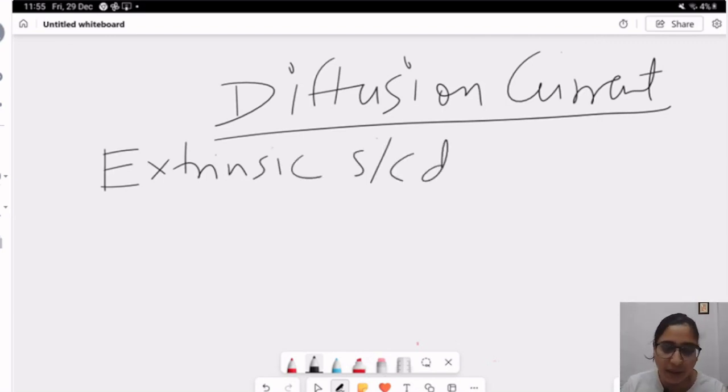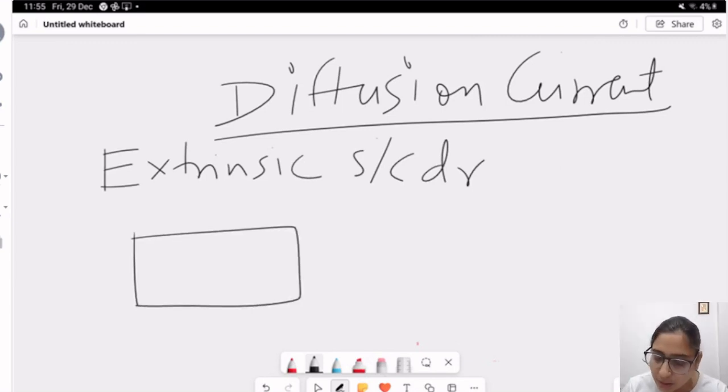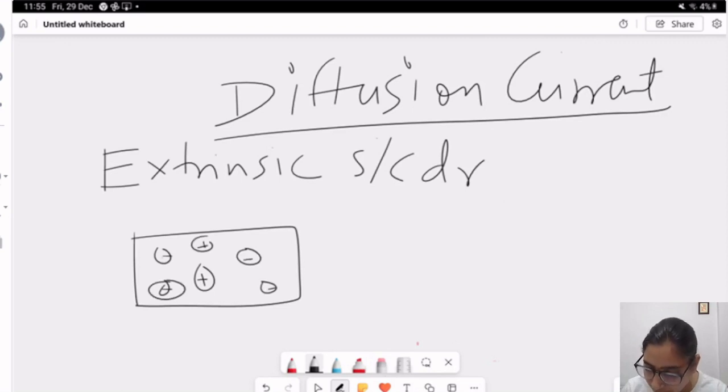So what is happening in an extrinsic semiconductor? I am doping it with some electrons or holes. We know that n-type or p-type impurities. So there are few electrons and few holes. Electron has negative charge and holes are positive charge. Here majority charge carriers are electrons. Let's consider, so what is happening here?